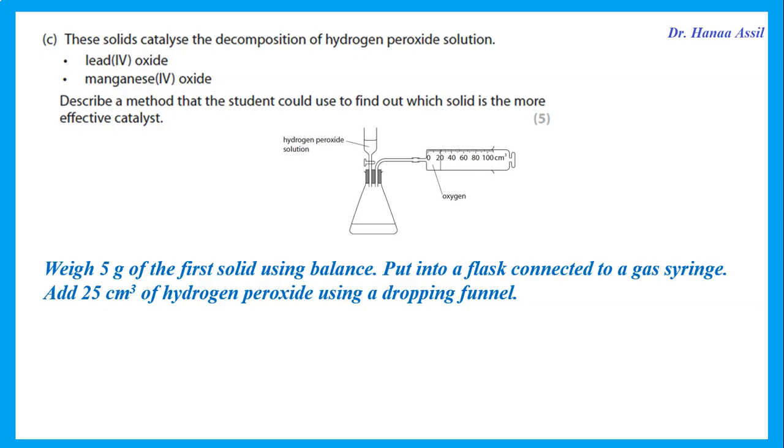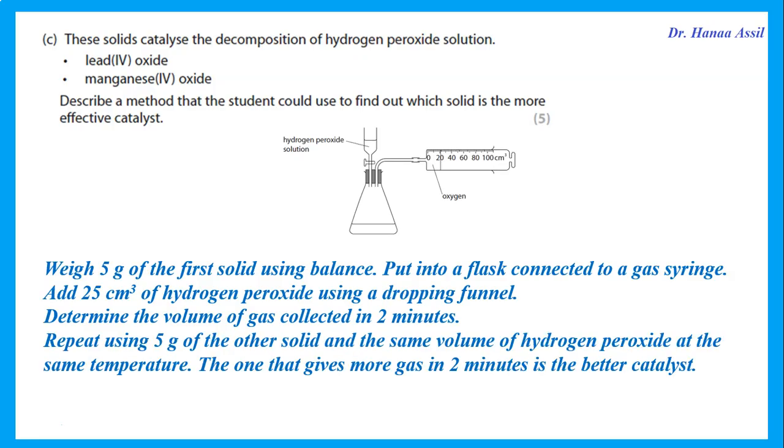And what do we do next? Determine the volume of gas collected in a specific time, so let's say in 2 minutes. Then we repeat this. Repeat using the same what? Using the same mass of the solid. So if we started with 5 grams of the first solid, repeat using 5 grams of the other solid.